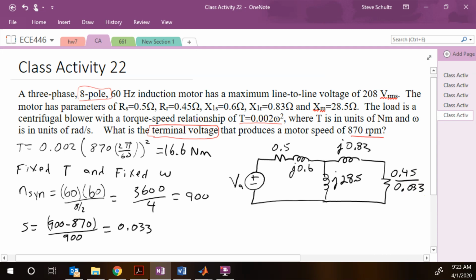Okay, so now we are trying to adjust our VA in order to get the right resistance.